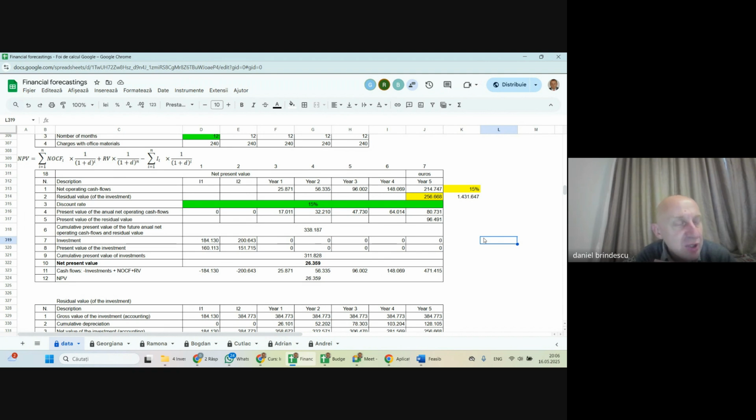Another method for establishing the discount rate would be to estimate the cost of capital.